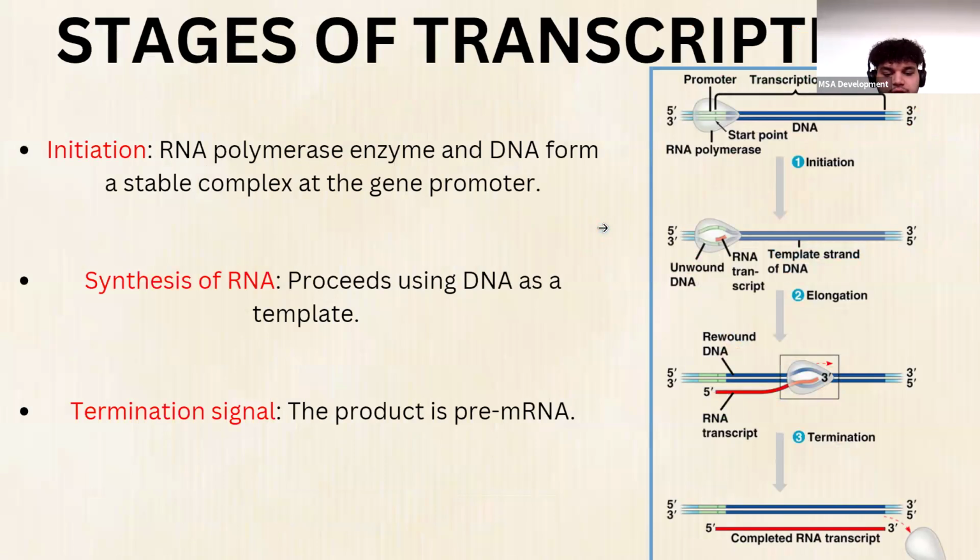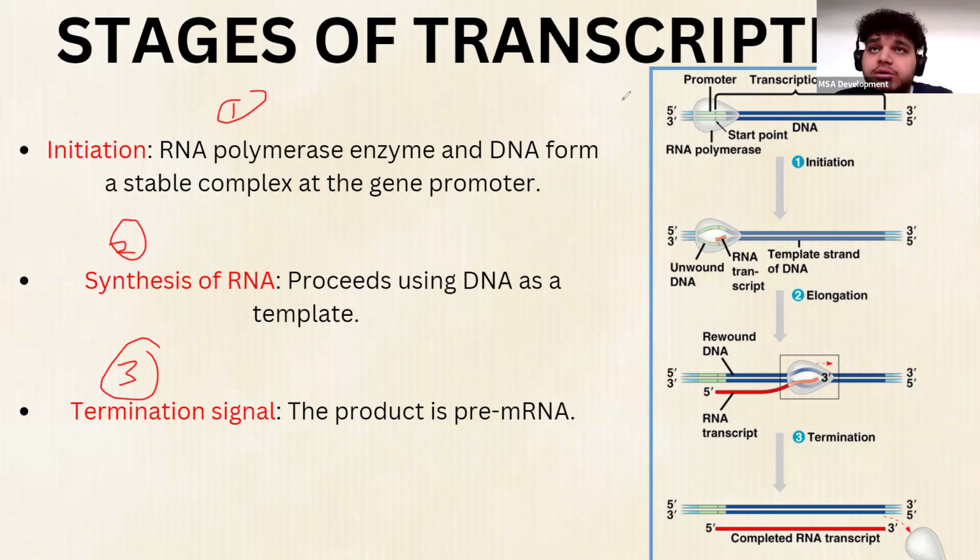Moving on. We have stages of transcription. We have three main stages. First off, we have the initiation stage, and then we have the synthesis of RNA, then the termination stage or termination signal. So initiation: the RNA polymerase enzyme and DNA form a stable complex at the gene promoter.